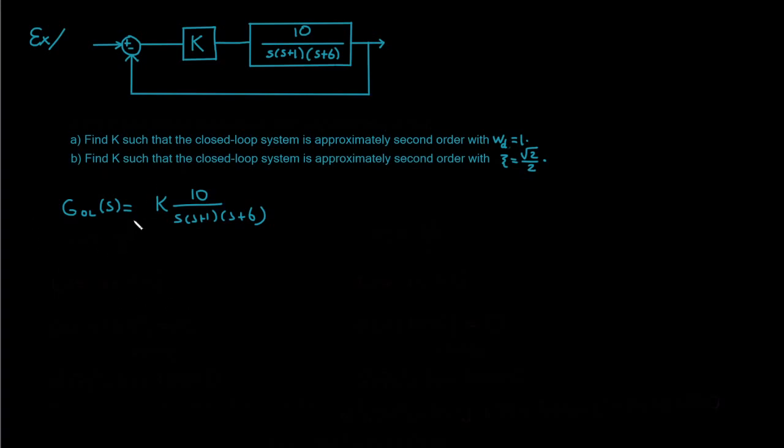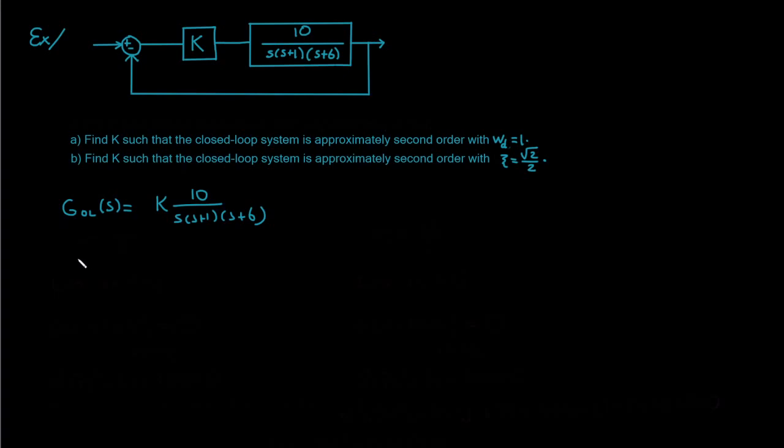So let's start with writing down the open loop transfer function. It is equal to k times 10 over s times (s plus 1)(s plus 6). What we would like to investigate is the closed loop transfer function, and more specifically the denominator of the closed loop transfer function.